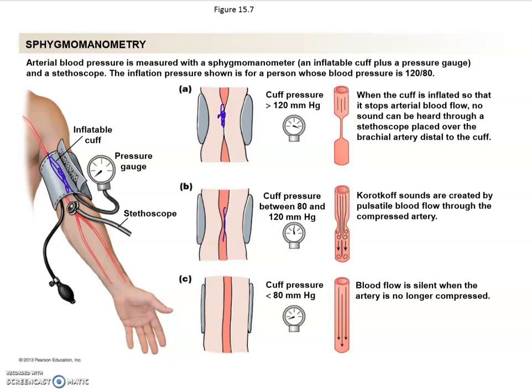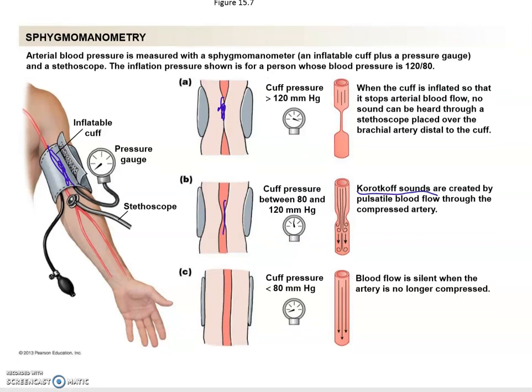And then you're gradually releasing the cuff pressure, and when first blood is going through here, then you're hearing the sounds of Korotkoff. So there will be, of course, resistance to flow because the vessel is not completely open, and you're going to hear these Korotkoff sounds. Those sounds will continue until there's no more obstruction to the vessel at all. It looks like this.